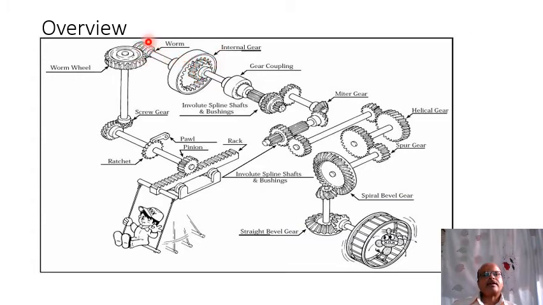Then worm gear as shown in this figure. Worm wheel. So the screw-like structure of that worm gear is as shown in this figure. Then ratchet as shown in this figure. This is called a pawl, this is a pinion, and this is a rack gear. Observe this.